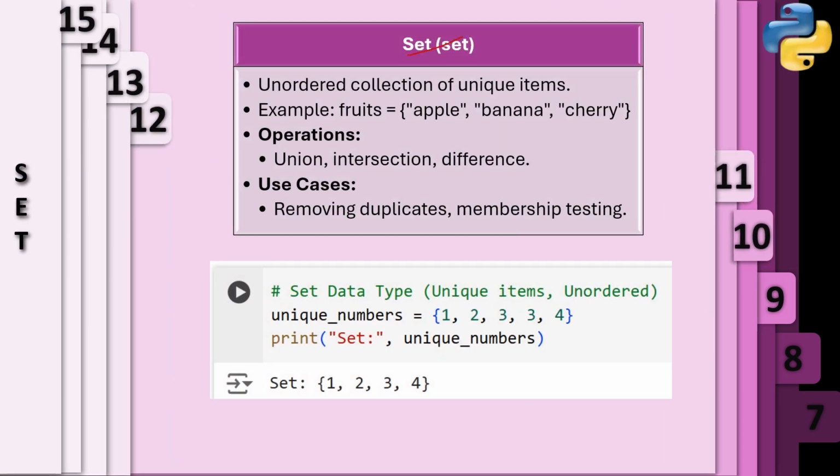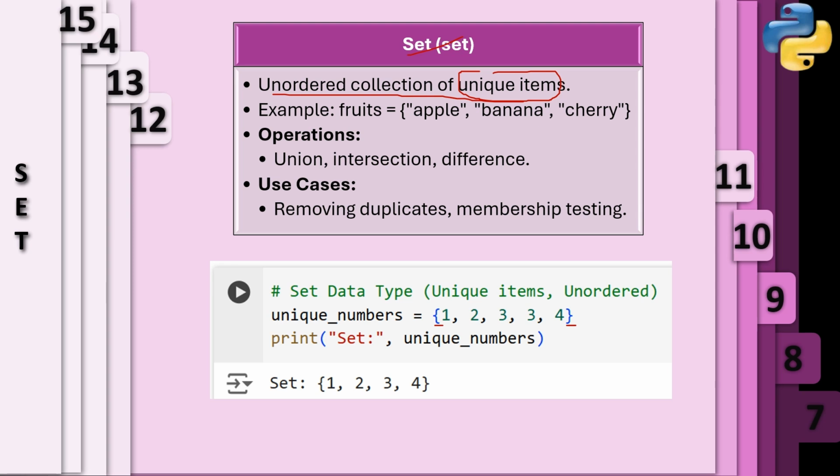Next, we will cover sets. A set in Python is an unordered collection of unique items. A set is defined by enclosing the elements in curly braces. They are mutable, meaning you can add or remove elements from the set. Here, unique items means a set does not allow duplicate values. If you try to add a duplicate, it will be ignored.